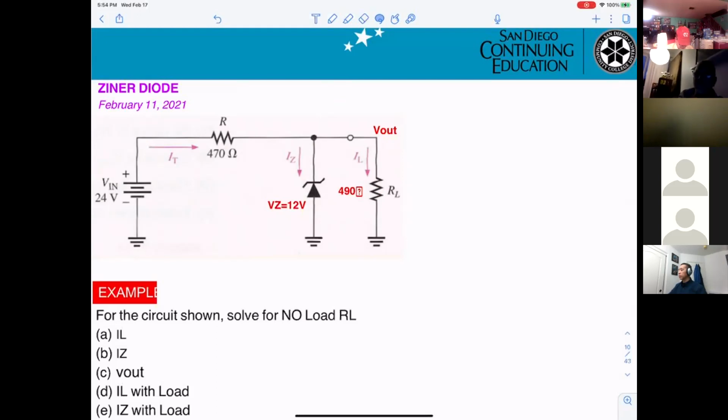Okay, now I want IL, with the load. 12 divided by 490. They want IL.